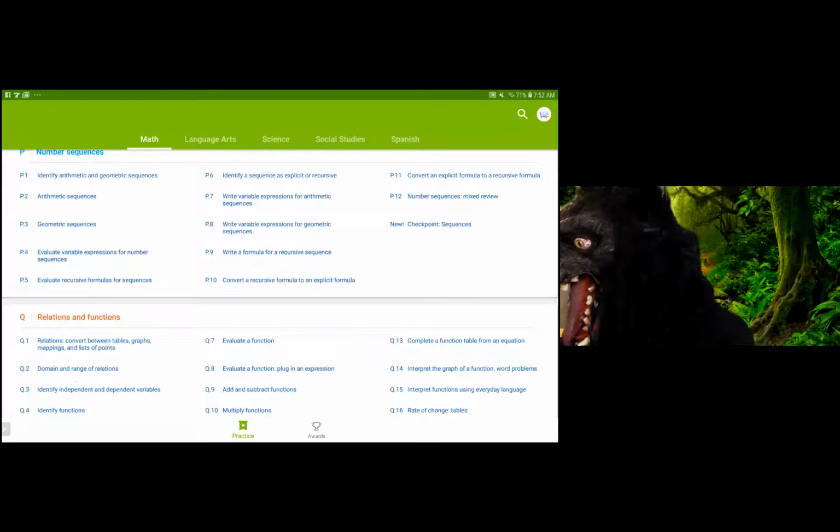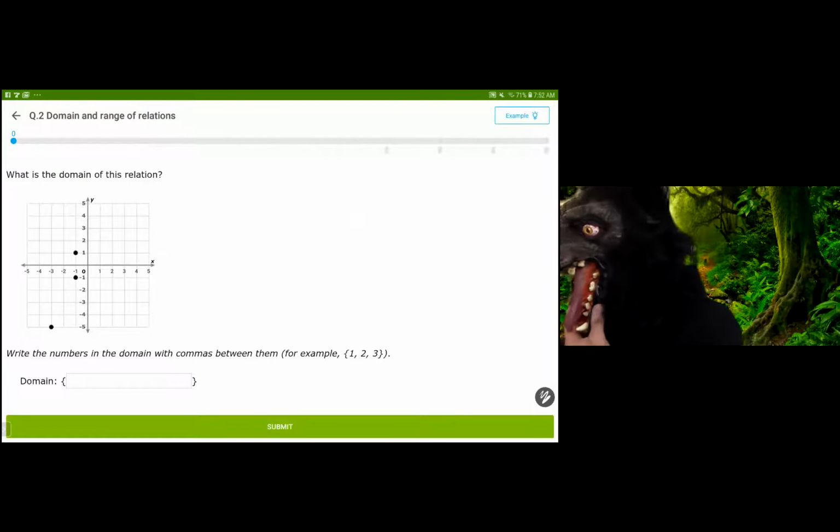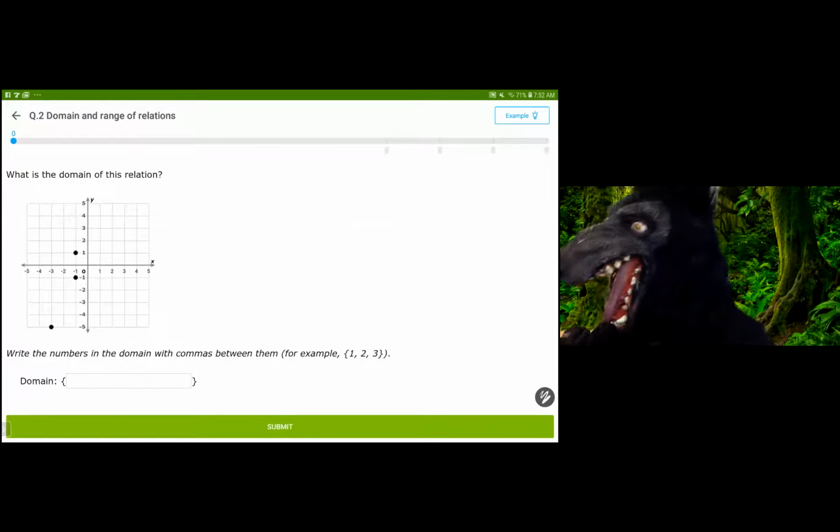Domain and range of relations, excuse me. So let's see what it says. What is the domain of this relation? So basically, they want me to list all of the x values that are included in this graph that you see.